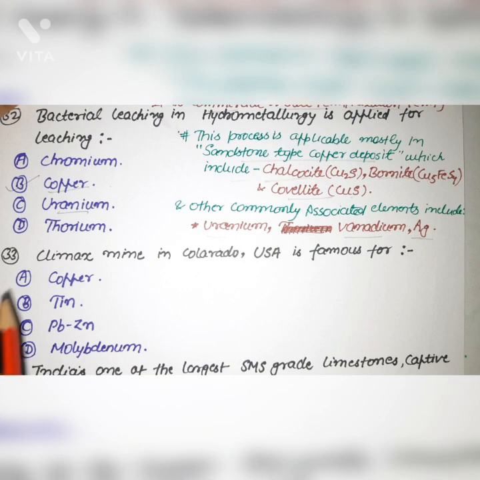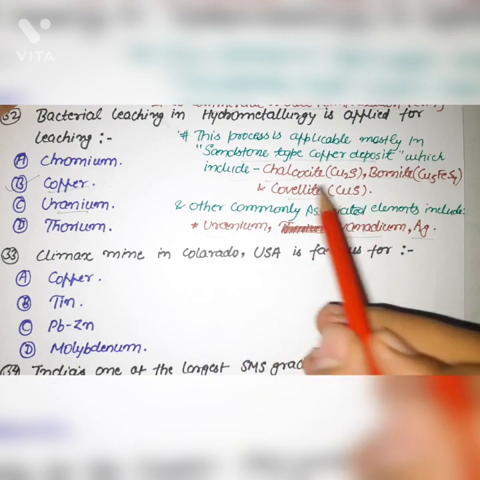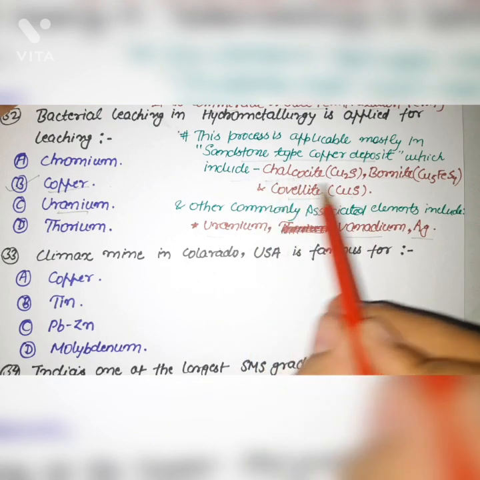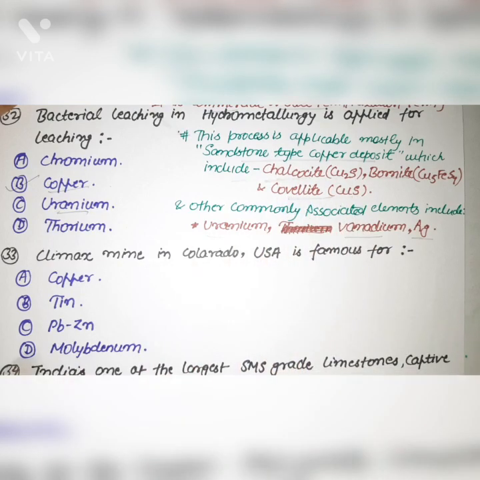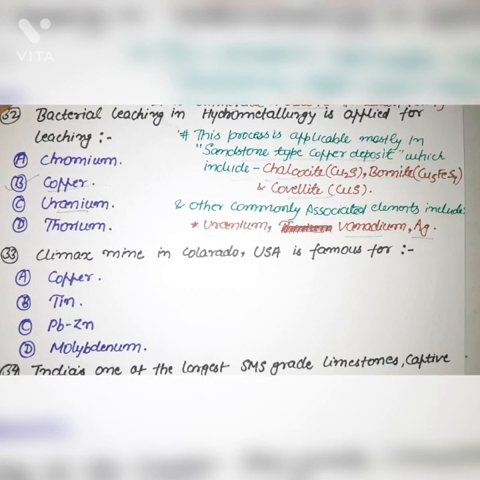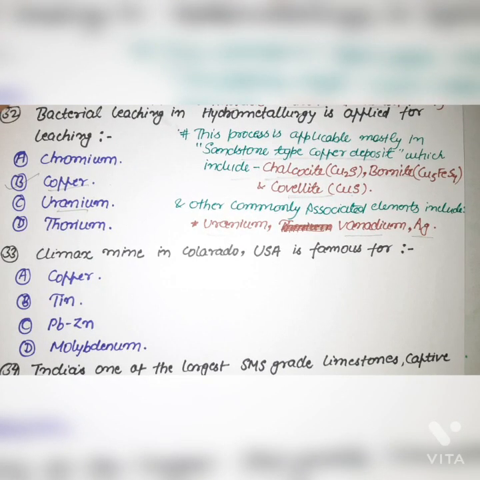And you know that supergene sulfide enrichment deposits are clearly copper sulfide deposits, and the ore minerals formed in them are chalcocite and covellite. Also, without the role of bacteria, most of the porphyry copper deposits of the world would not have reached the needed enrichment. So the correct answer will be copper.